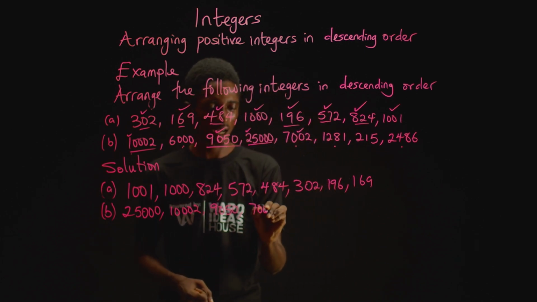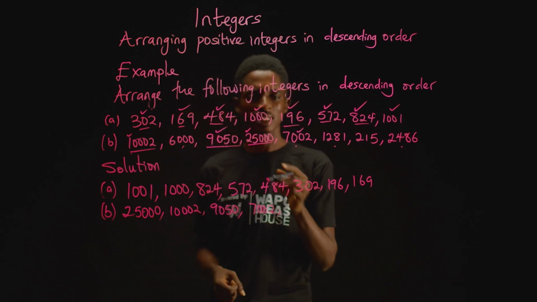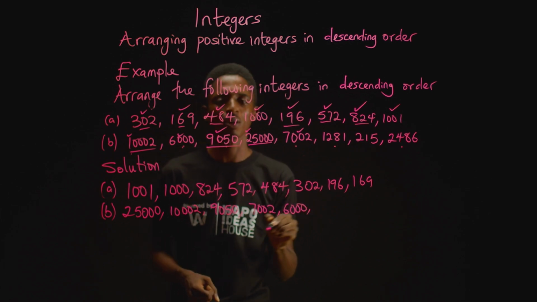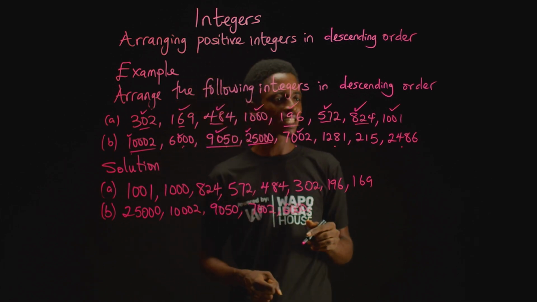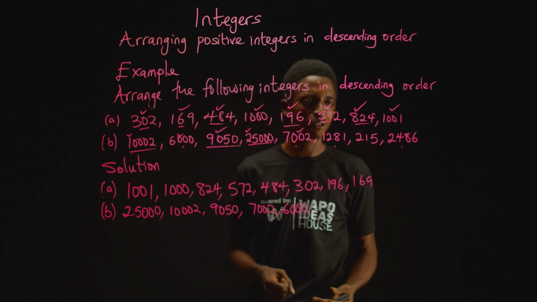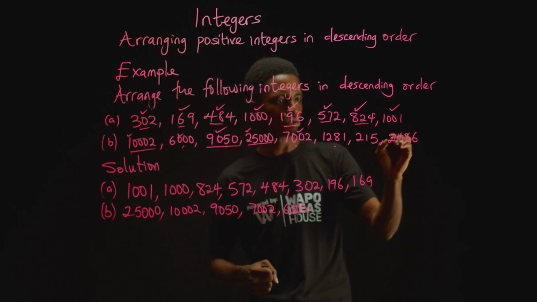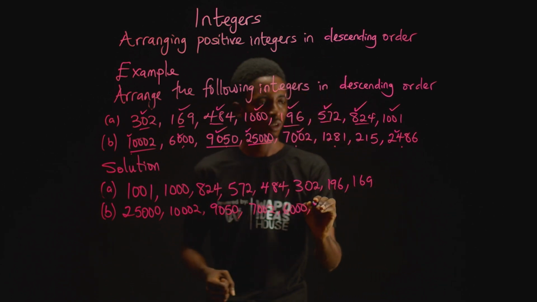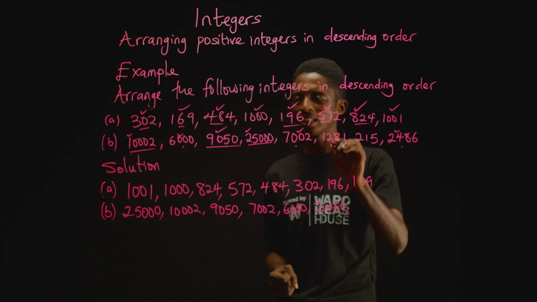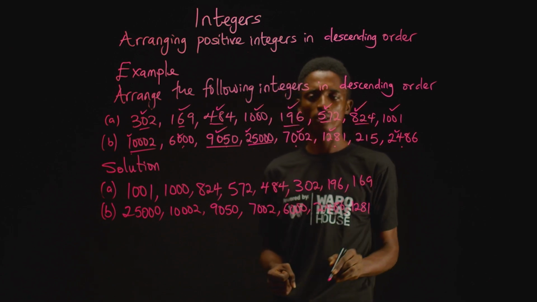7,002. Then we have 6. Yes, the number 6,000. After 6 we have 5, which does not exist here. Then we have 4, then 3, then 2. 2, 4, 8, 6, then 1. 1, 2, 8, 1.